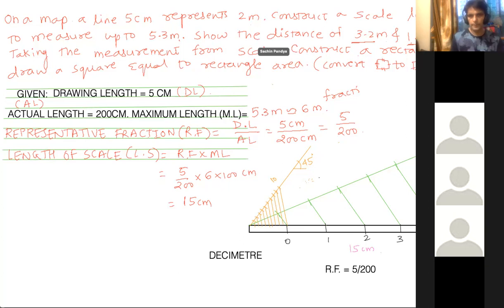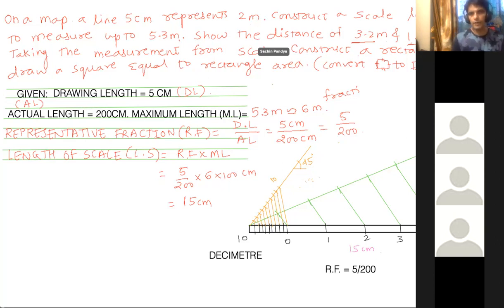See, this way. Then we'll draw a vertical line. See, this is 10. Got it?